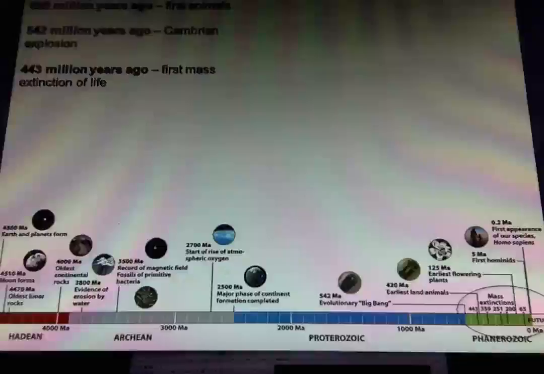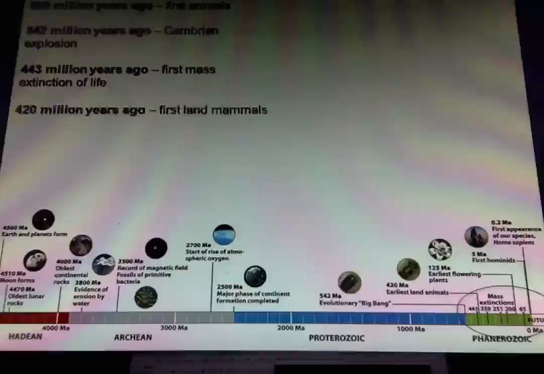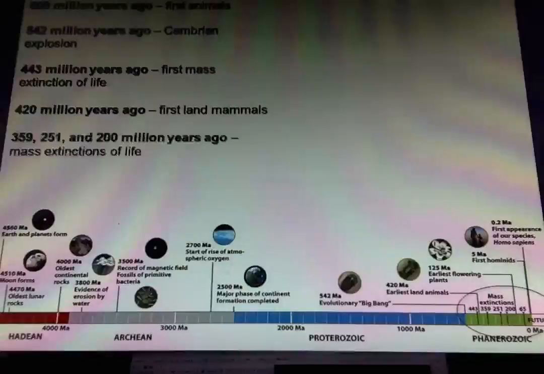And we know this by looking at the fossil record. Analyzing organisms from 444 million years ago to 442 million years ago, there is a distinct difference between the fossils that exist. 420 million years ago, first land mammals. A number of mass extinctions, 359, 251, and 200 million years ago.